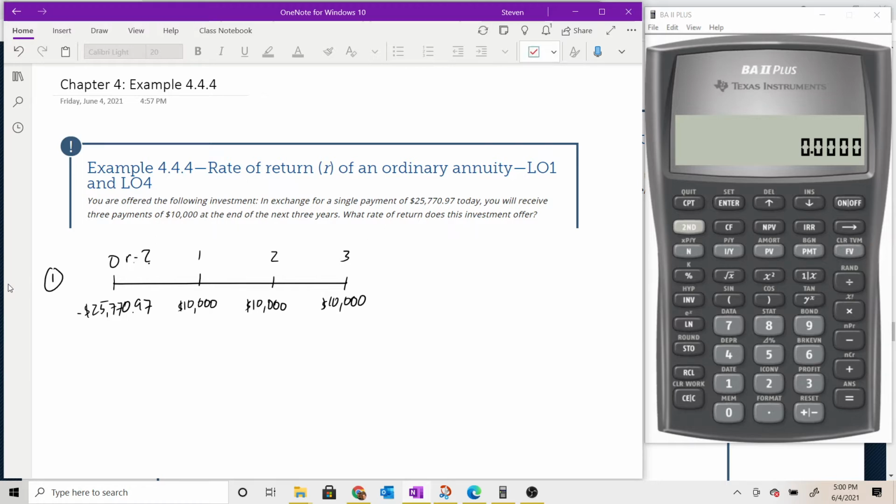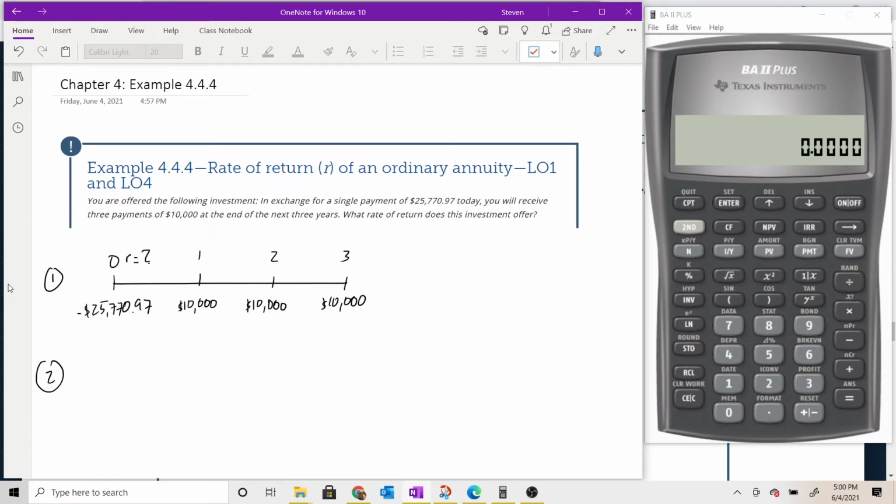All right, so step 2, once we've got all the information laid out on the timeline, is to figure out what type of cash flow we're dealing with so we can then select the appropriate tool to evaluate it. We've got a single cash outflow today, followed by 3 of the same cash inflows at the end of the next 3 years. So we've got level cash flows at regular intervals that stop at some point.